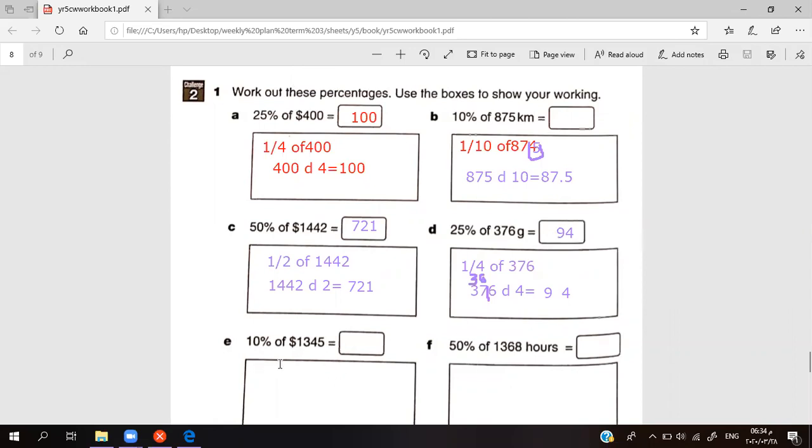Here, 10% of 1345, and I know that 10% as a fraction is 1 over 10. Okay? So this means I will divide the 1345 by the denominator, which is 10.